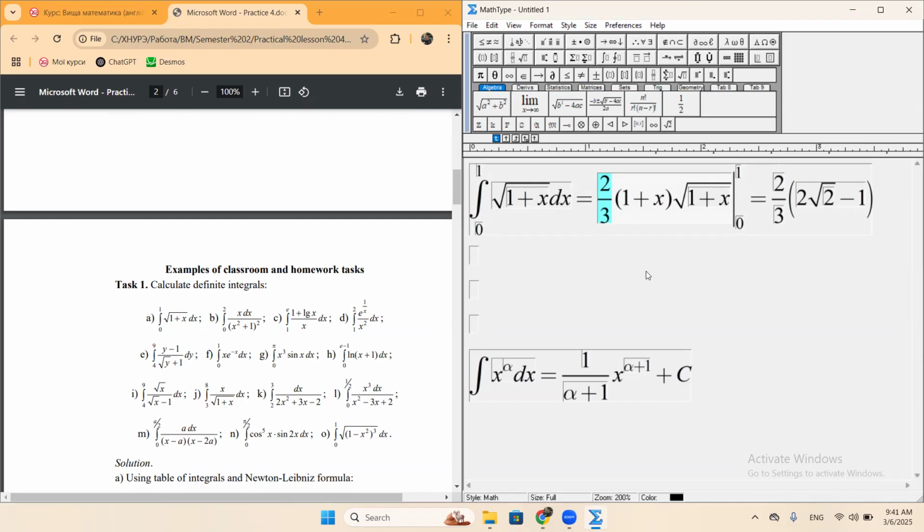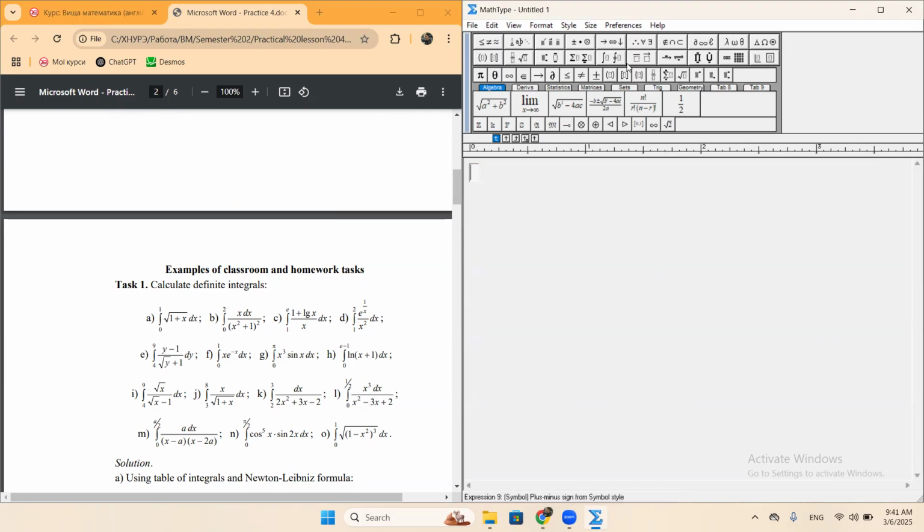Any more questions? Okay, if no questions, let's move to the next exercise. The integral from 0 to 2 of x dx divided by x squared plus 1, all in power of 2.